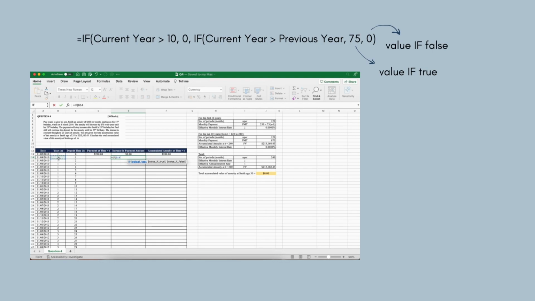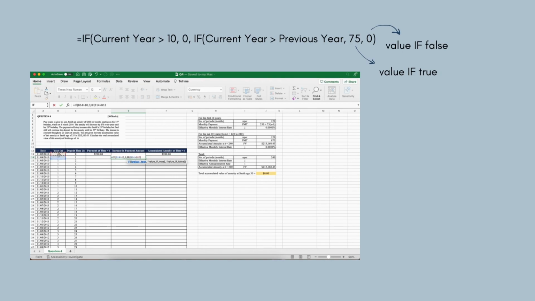According to the question, after the 10th year, the payment will stop its increase. So we'll put in, if the current year is more than 10, then the increase will be 0, and put in another if function.